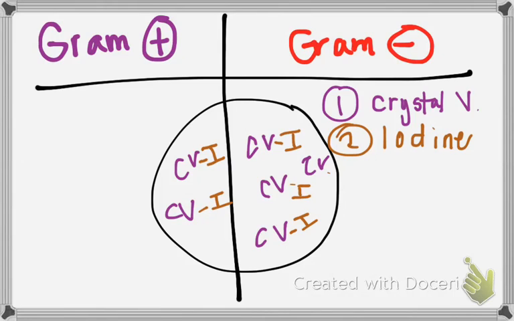It makes the crystal violet a big molecule. So the crystal violet and the iodine bind together now, and they're trapped inside the bacteria. Okay, before we go further, actually, let's make our peptidoglycan cell wall over here really thick.